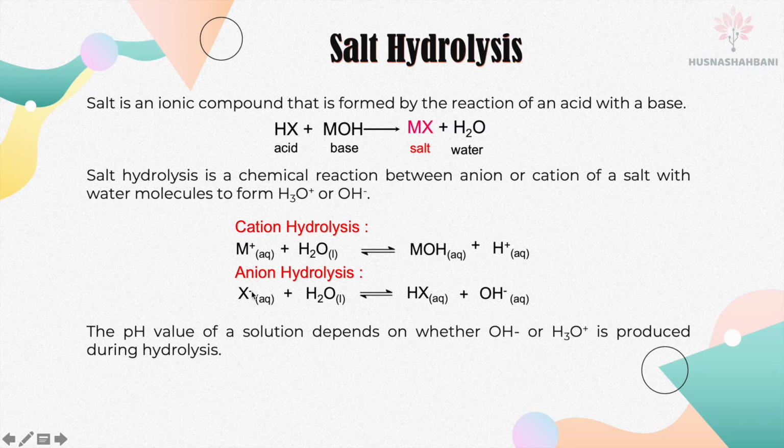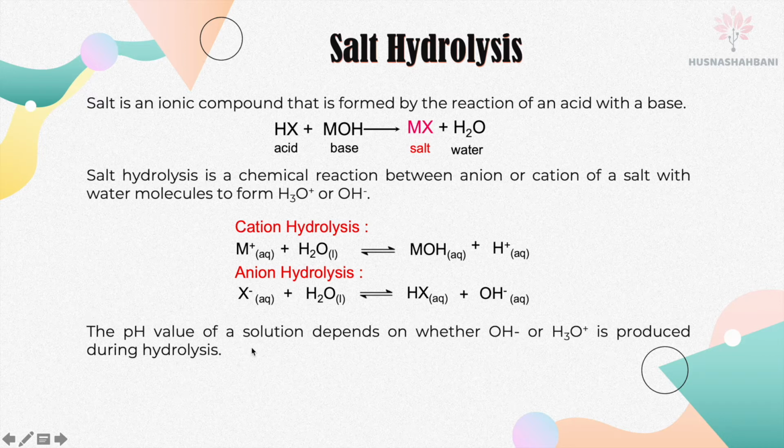Anion hydrolysis: the X anion from the MX salt hydrolyzes in water to produce HX plus OH minus. Cation hydrolysis will produce H plus, and anion hydrolysis will produce OH minus. Or this will produce H3O plus, H plus or H3O plus.